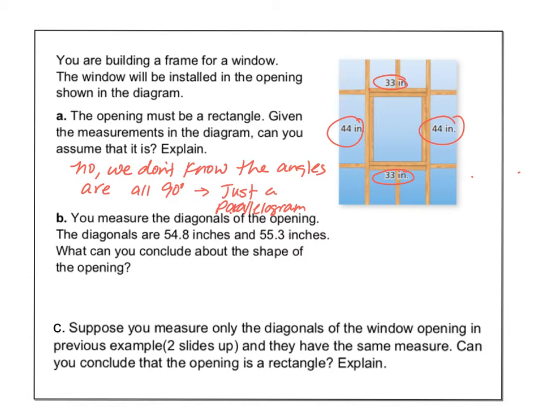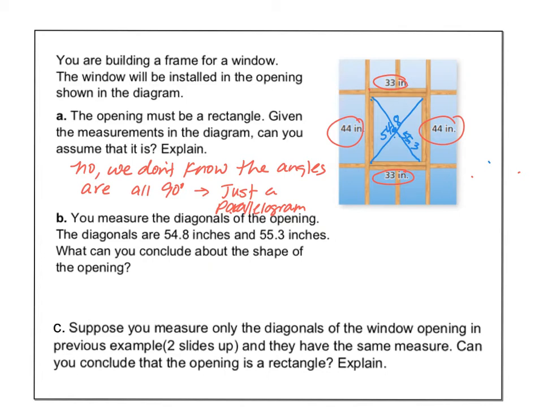Okay, so part B, you measure the diagonals of the opening. Okay, so let's draw this out. If we were to measure these diagonals, it says one of the diagonals is 54.8 and the other one is 55.3 inches. What can you conclude about the shape of the opening?